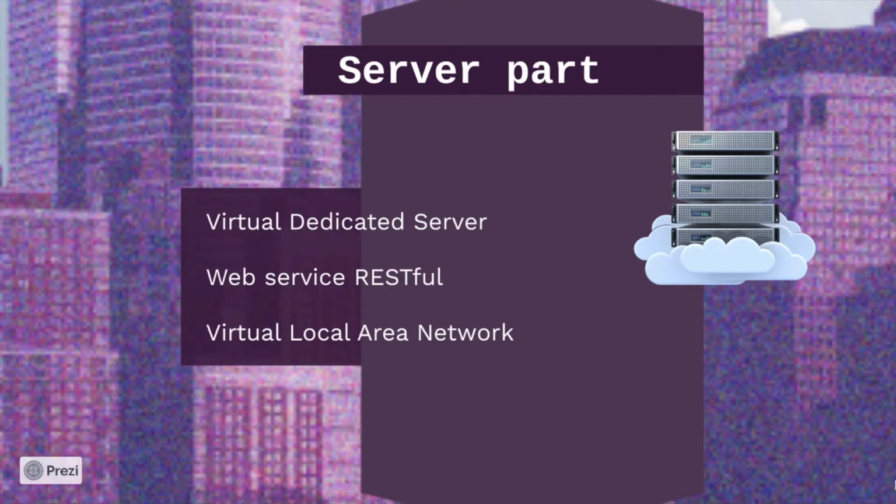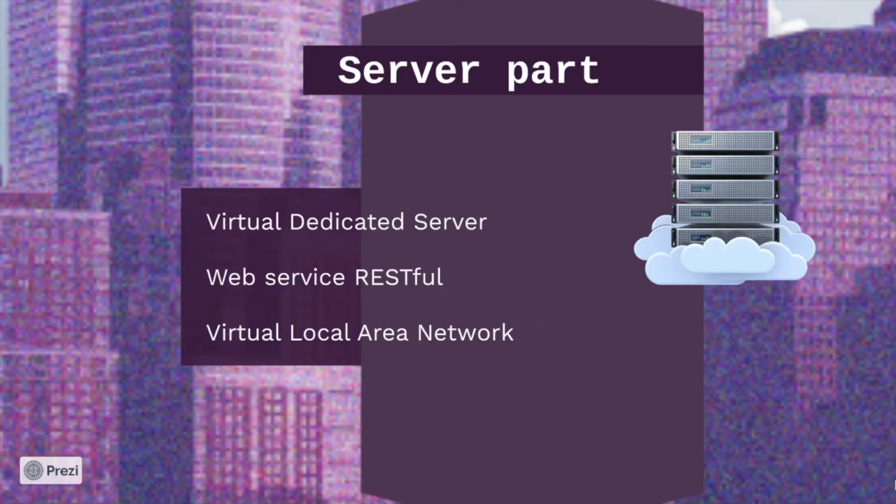Client and server exchange representations of resources by using a standardized interface and protocol. Only those routers whose data are stored on the server in the database and which are located in the same virtual local area network have access to calling API methods. VLAN is a function in routers and switches that allows creating multiple VLANs on one physical network interface, for example, Ethernet or Wi-Fi.